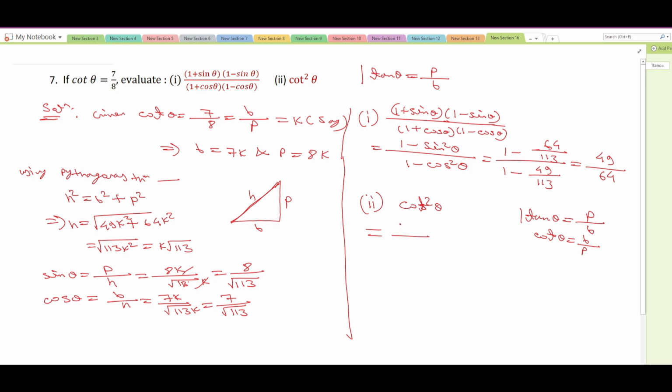Here b equals 7k and p equals 8k, squared. This is equal to 49k square by 64k square. K square cancels out, we have 49 by 64.